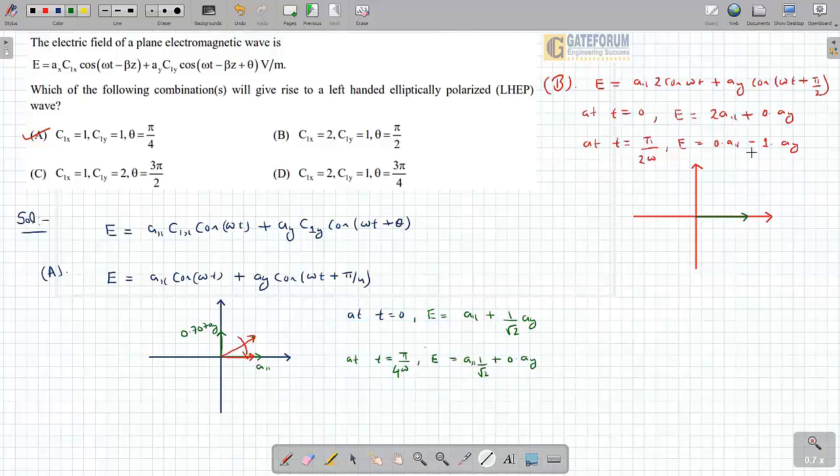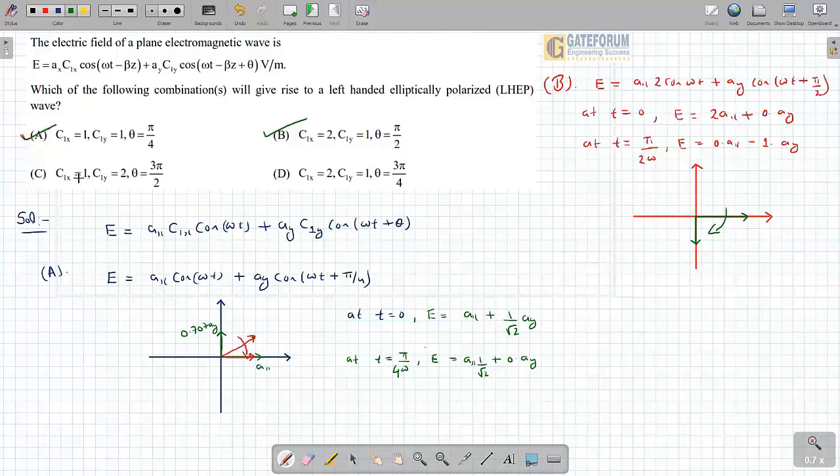The second case, it is minus Ay. It is only this component. So you can see here, the direction of the resultant is like this. Again, this is equal to the movement, the curl of the left hand finger. So this is also left hand elliptically polarized, right? So option B is also correct.